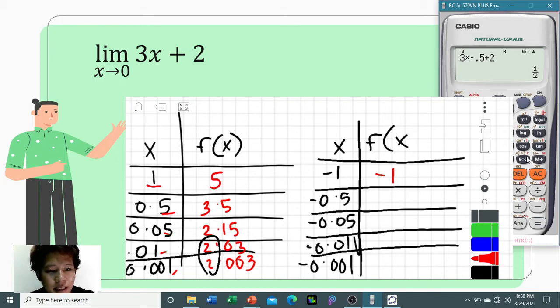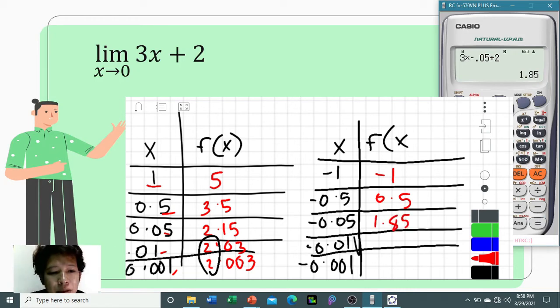That would be 1/2 or 0.5. Okay? And then we would also have 3 multiplied by negative 0.05, plus 2, sorry. So we have 1.85.